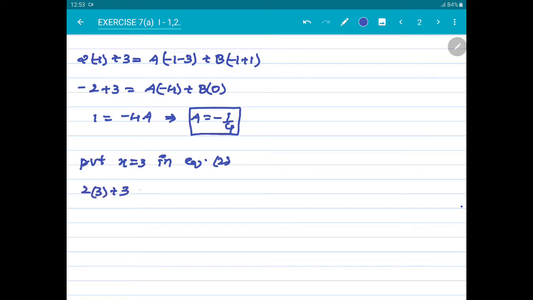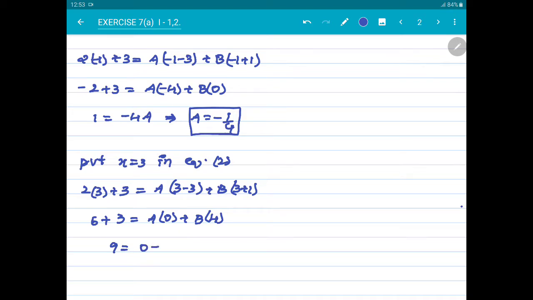Therefore, 2 times 3 + 3 = a times (3 - 3), which is 0, plus b times (3 + 1). So 6 + 3 = a times 0 + b times 4. 9 = 0 + 4b, and the result is 4b. Therefore, b = 9/4.